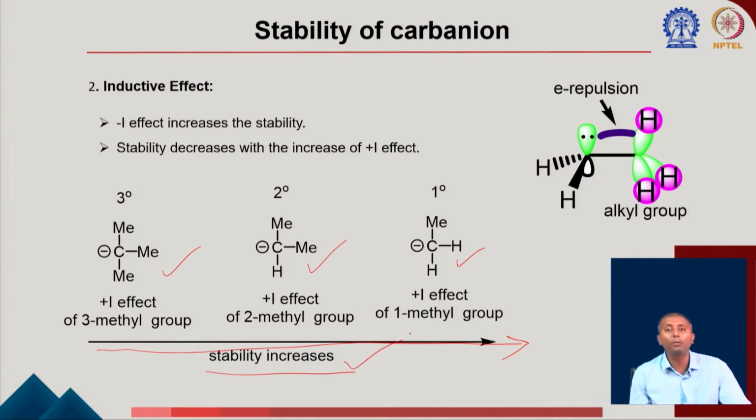As the number of methyl groups increases from primary to secondary to tertiary, the plus I effect will be more. As the plus I effect increases, the electron density will be more on this tert-butyl carbanion. With more electron density, it will be more reactive, but less stable.